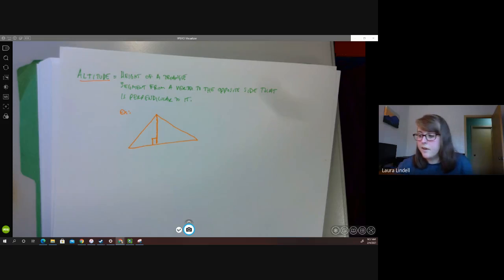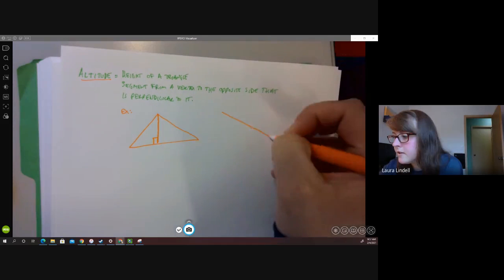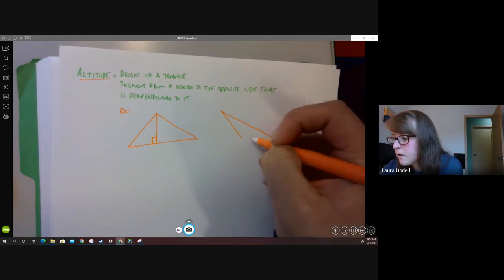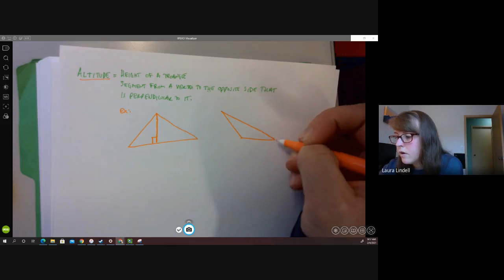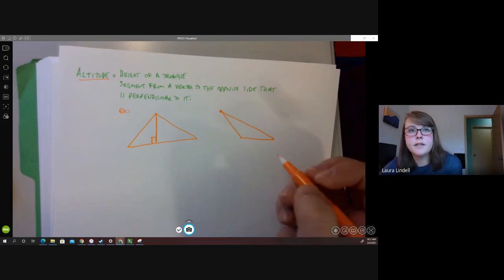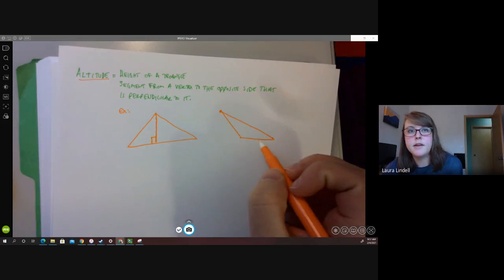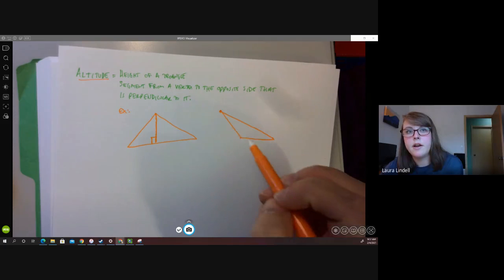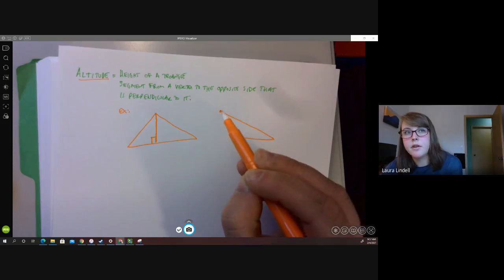Okay. Occasionally, you'll get a triangle like this, where if I want to draw an altitude from this vertex to this opposite side, I can't draw a line that's going to be perpendicular to this opposite side going through this vertex.